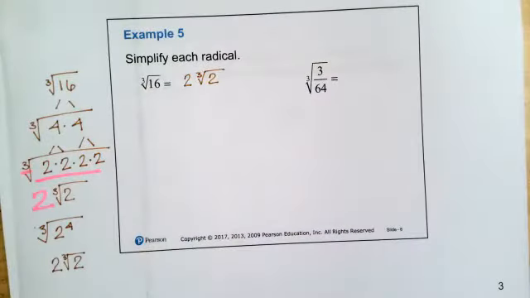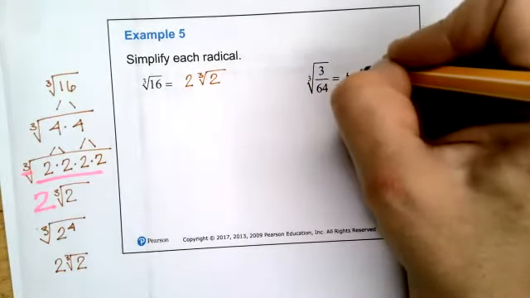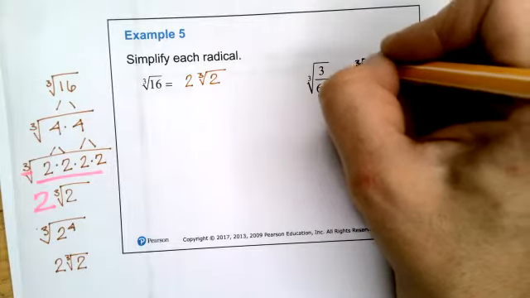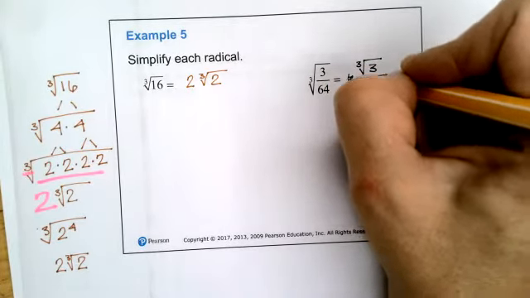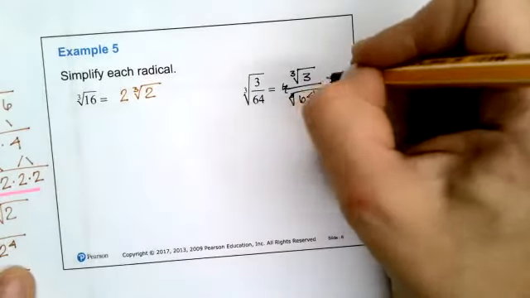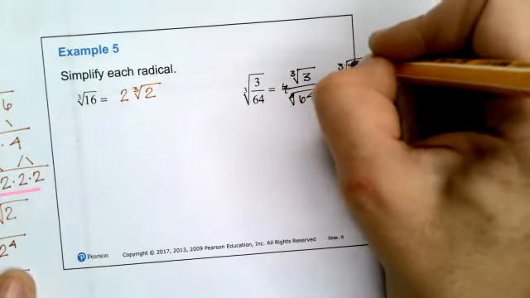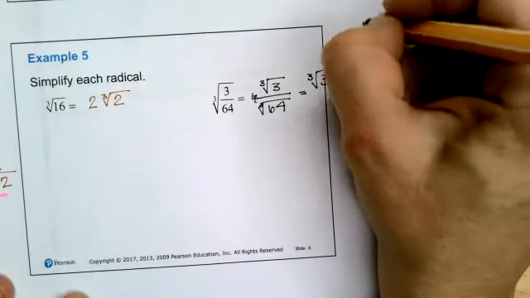Cubed root of 3 over the cubed root of 64. Well, that we're just going to leave alone because 3 is a prime number, right? 64.